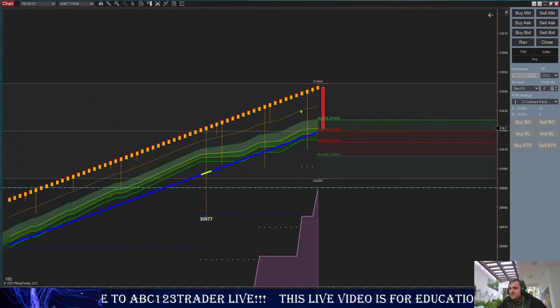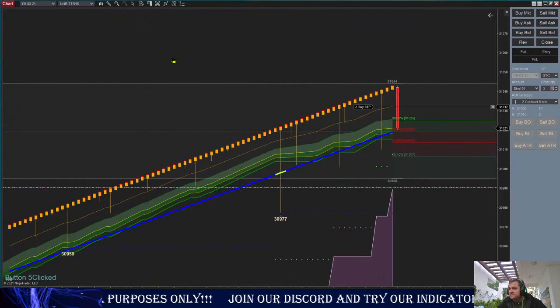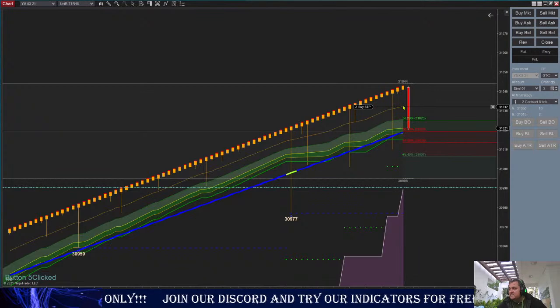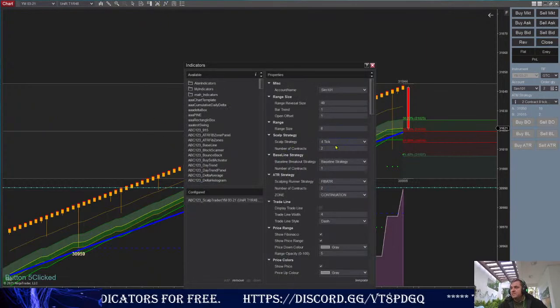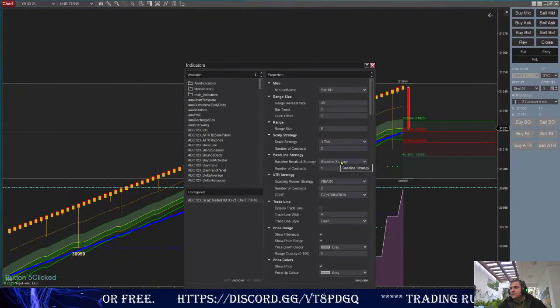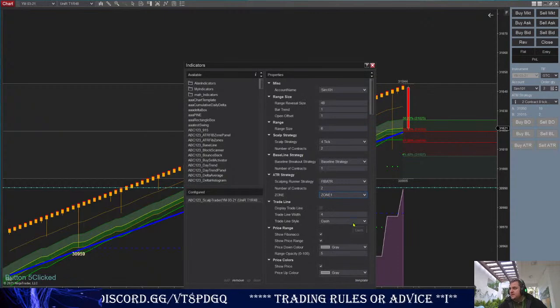The ATR, this is continuation. Zone 1, Zone 2, Zone 3. Okay? I sit on continuation, so if I waited for the pullback and I want to enter and continue, I go buy ATR. You see how it's right on that dotted line here? So if I use Zone 1, let's close this. On the baseline, my fib ATR strategy, if I use Zone 1, can I use Zone 2?